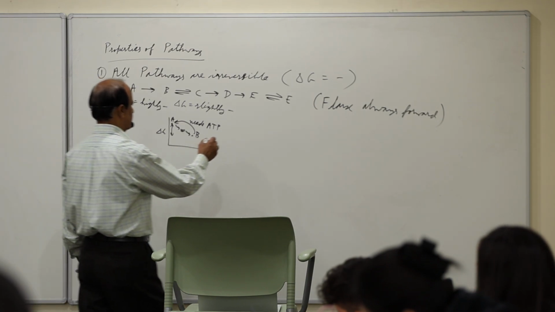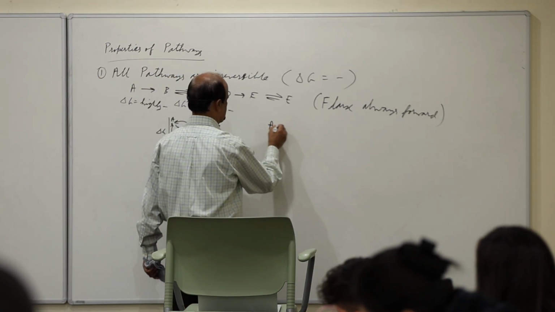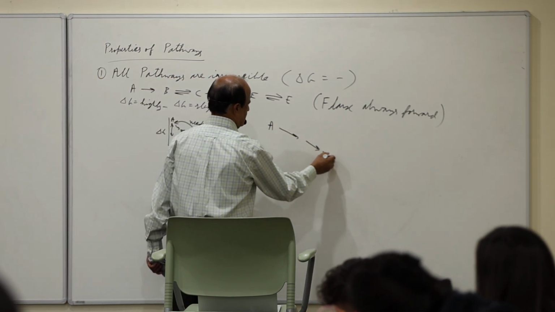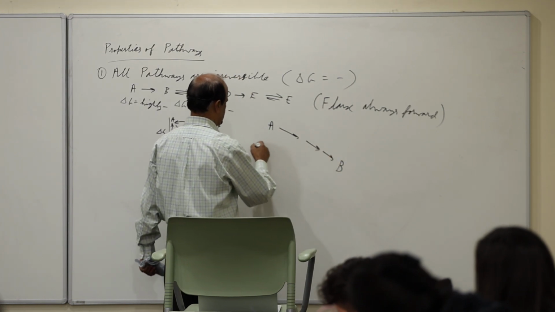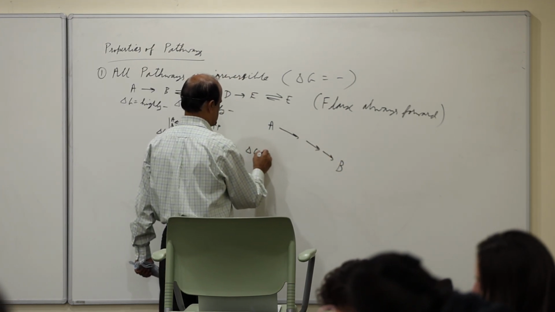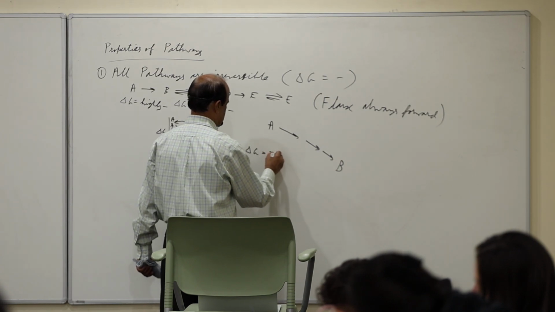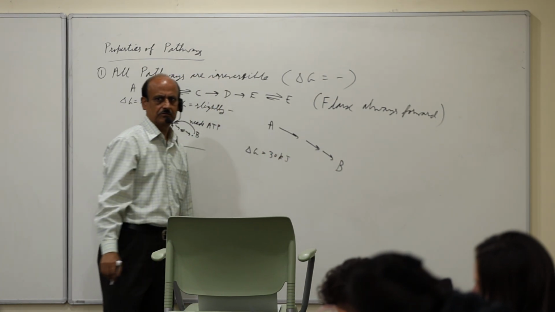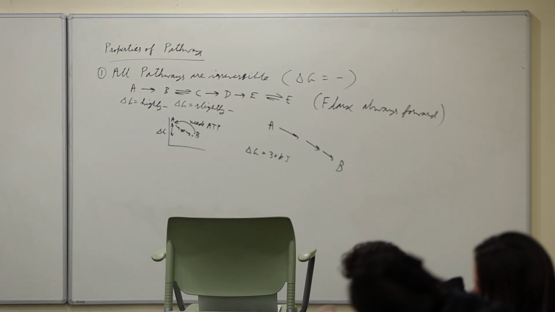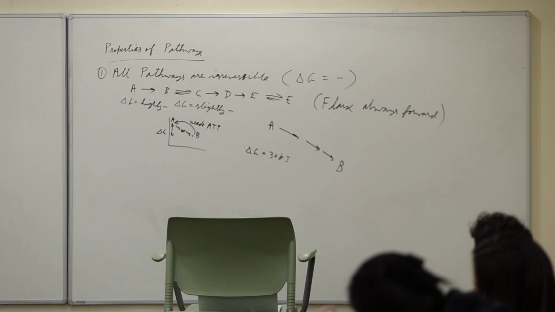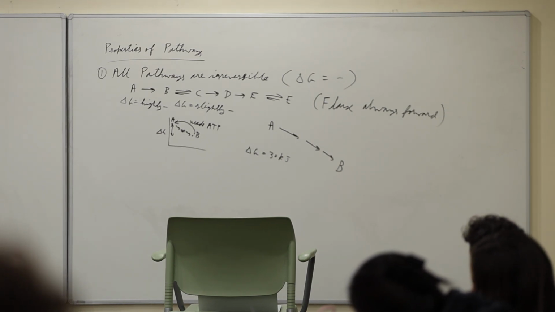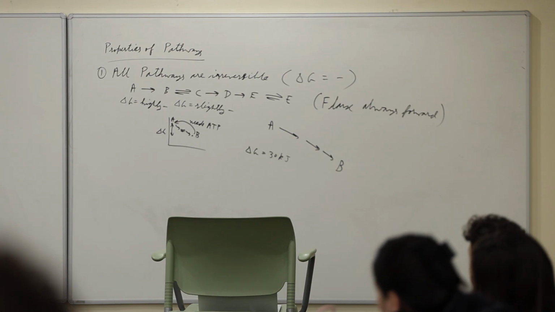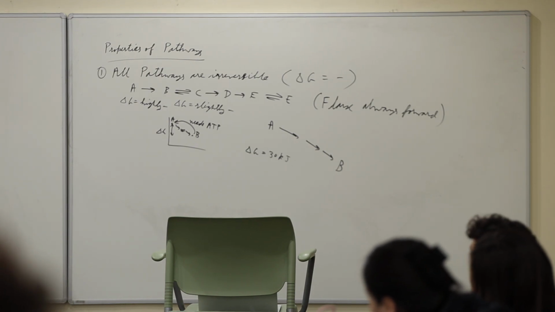And as we will see later, how much ATP do you need? Let's say you have a pathway from A to B through multiple steps, and this delta G is, let's say, about 30 kilojoules, 1 ATP. So you made 1 ATP in the pathway. If you want to go back from B to A, you have to provide 30 kilojoules of energy.